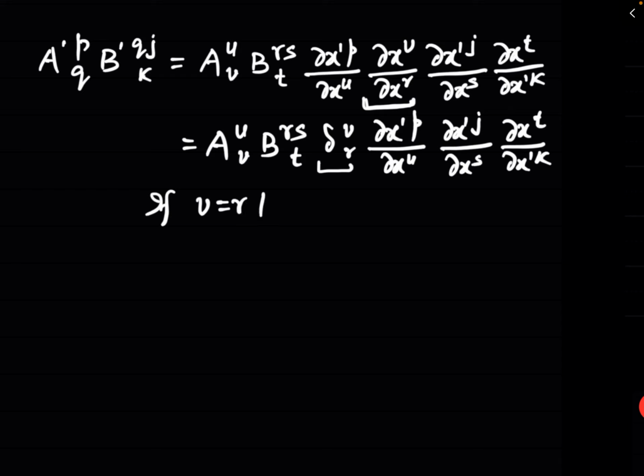Otherwise this will be 0. So to get a non-zero result, we have to set V equal to R.